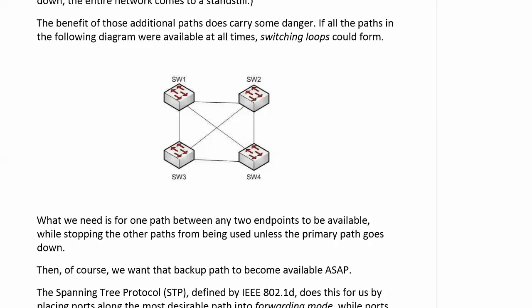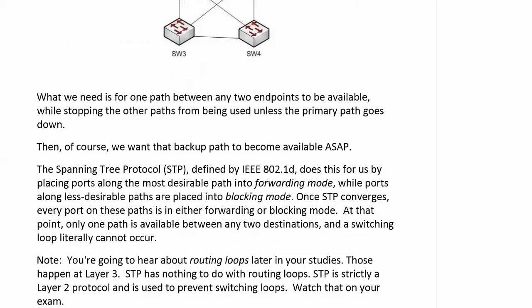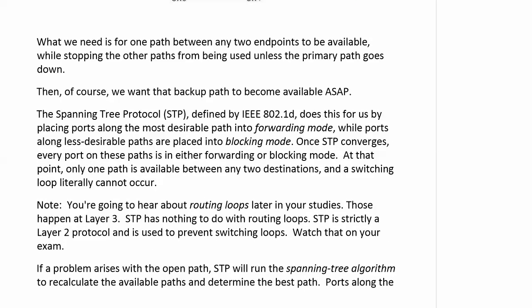What we need is for one path between any two endpoints to be available, while stopping the other paths from being used unless the primary path goes down. And then, of course, you and I, being the network admins that we are and patient souls, we want that backup path to come up as soon as possible. That's something we're going to come back to a lot in the next couple of videos, the speed of that cutover. But first, let's talk about the fundamentals of the spanning tree protocol.